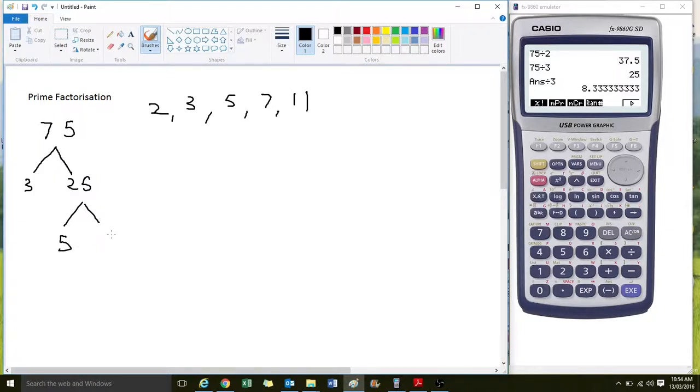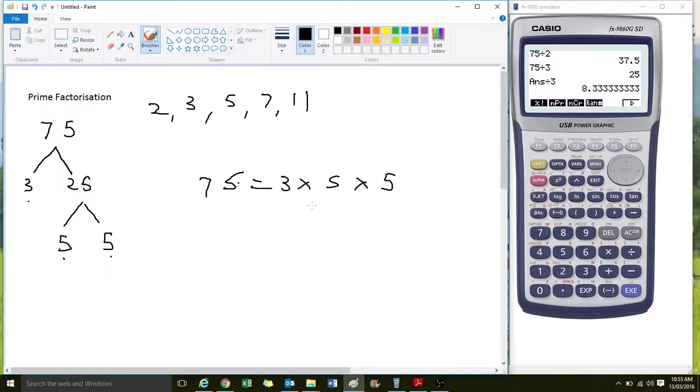Now we have one prime number, two prime numbers, and three prime numbers. We've expressed this number all in prime factors. It's equal to 3 times 5 times 5. So 75 is equal to 3 times 5 times 5.